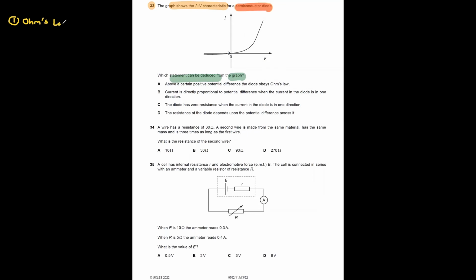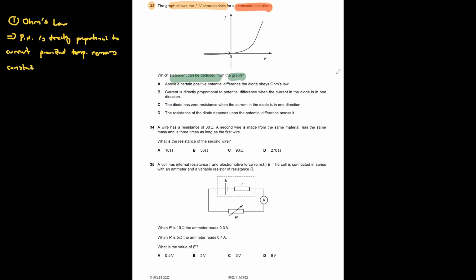Now, Ohm's law states that PD is directly proportional to current, provided temperature remains constant.